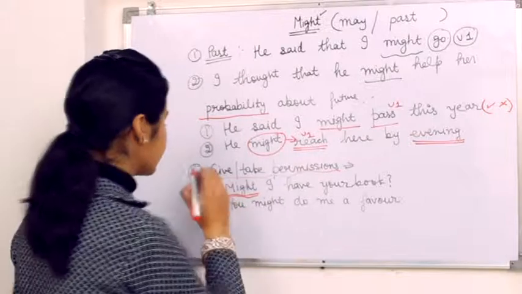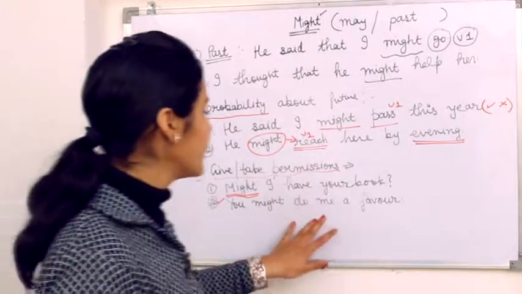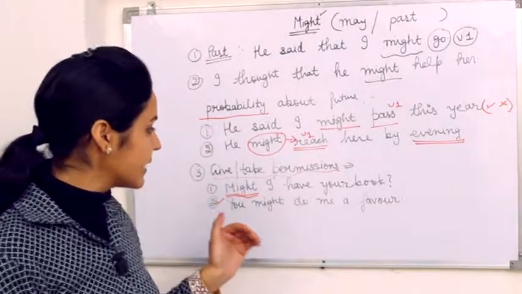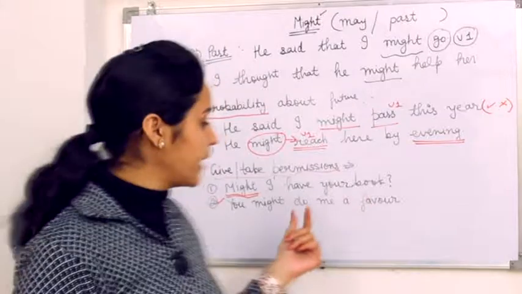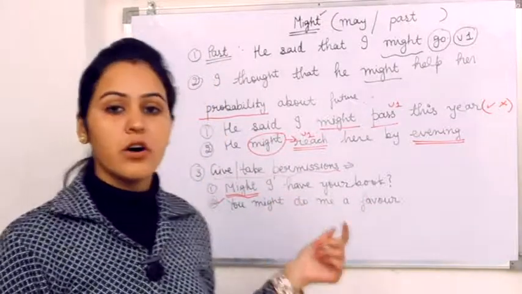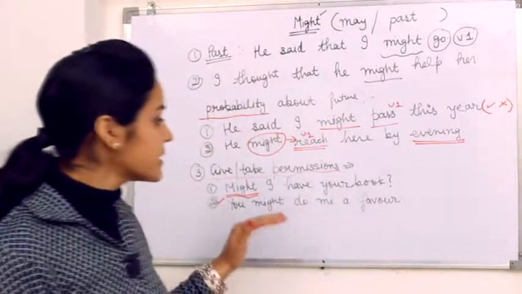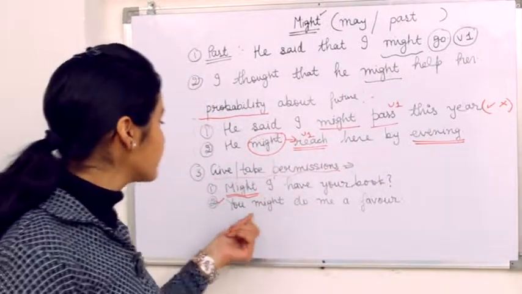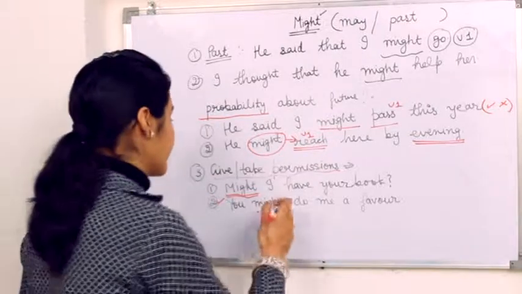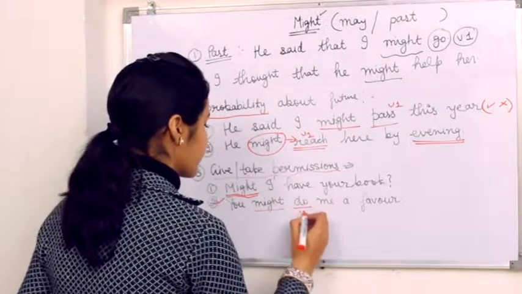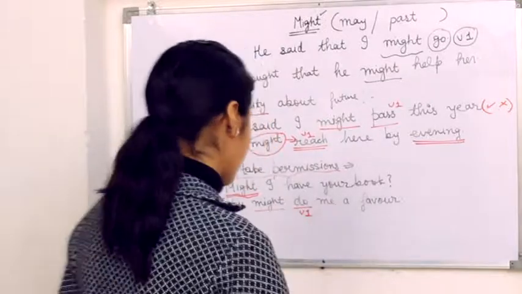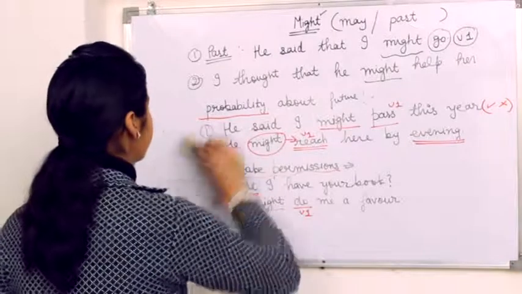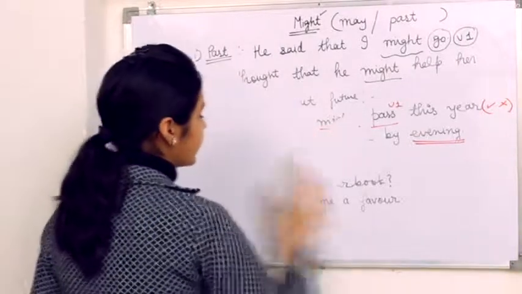And in the second, you might do me a favor. He wanted to know if he would do me a favor or not. So this sentence is not obvious to us, and we use might here with V1. Clear? So this is related to might conditions.